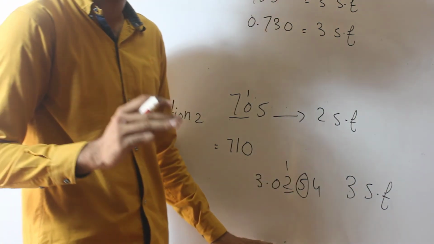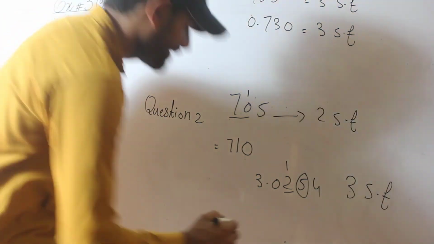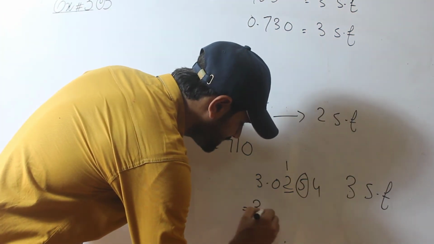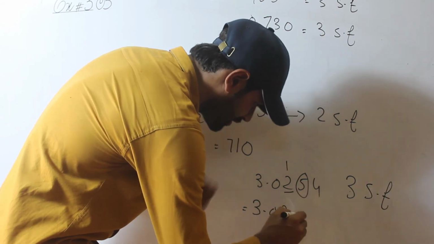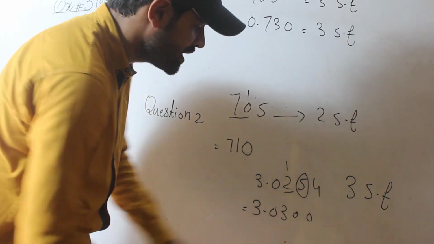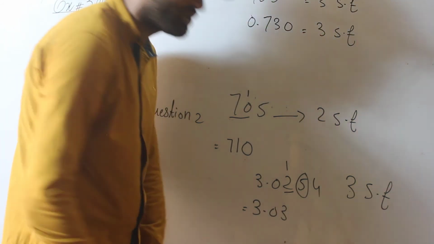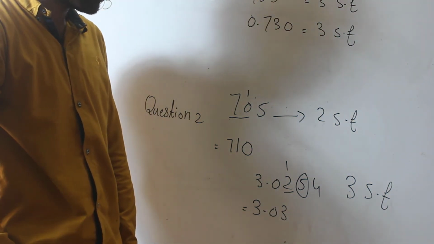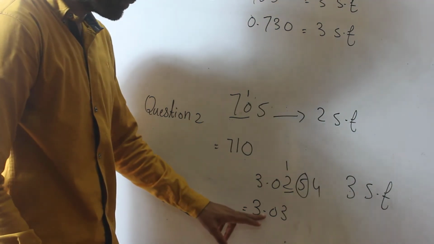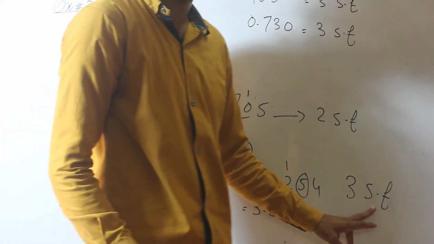If it is less than 5, then we don't need to add 1. So 3.0 and 2 becomes 3, and all the others convert into 0, and these zeros we don't need to write in a decimal amount which contains a point. So 3.03 has 3 significant figures.